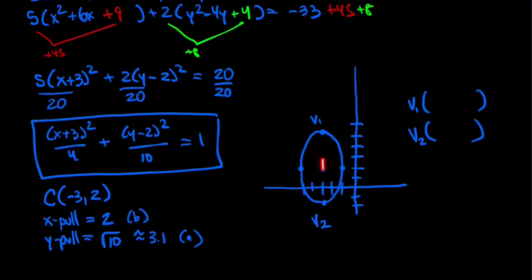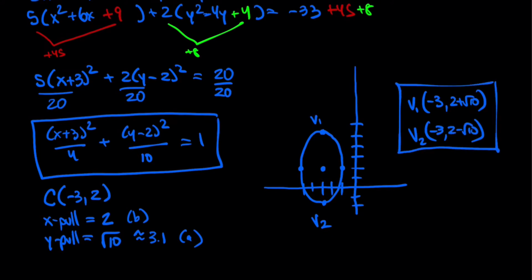It's not exact enough, is I need to go up square root 10. So I'm taking the y coordinate, I'm going to add square root 10 to it. That'd give me V1, and then I'll subtract square root 10 from it. And that would give me V2. Okay, so that's going to be negative 3, 2 plus square root 10, negative 3, comma 2 minus square root 10. And those are the coordinates of your vertices in simplest radical form.